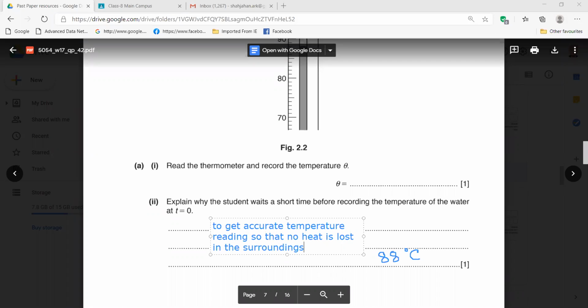Is it clear, everyone? In your copy, you should write it. A2, the answer is this one.